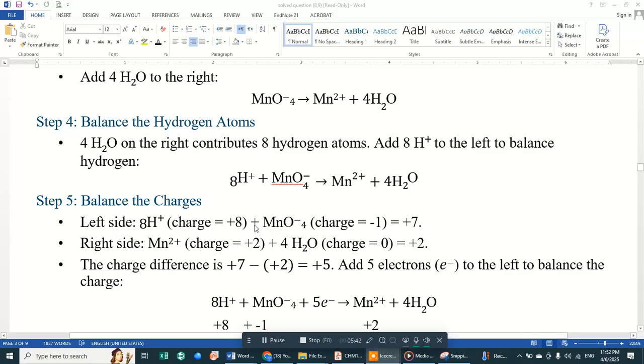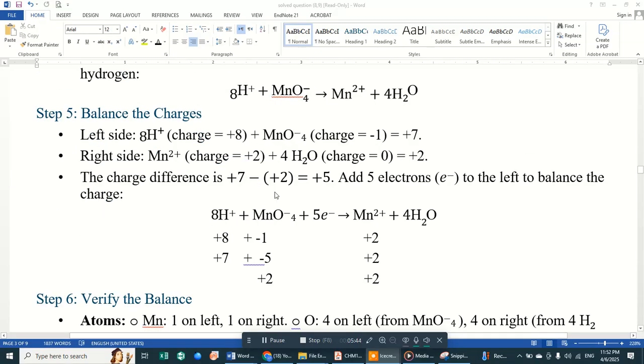Let me explain in a simple way. See that 8 protons mean plus 8 charges. Permanganate has a -1 charge, and on the right-hand side there is +2 charge. Plus 8 and -1 is +7.